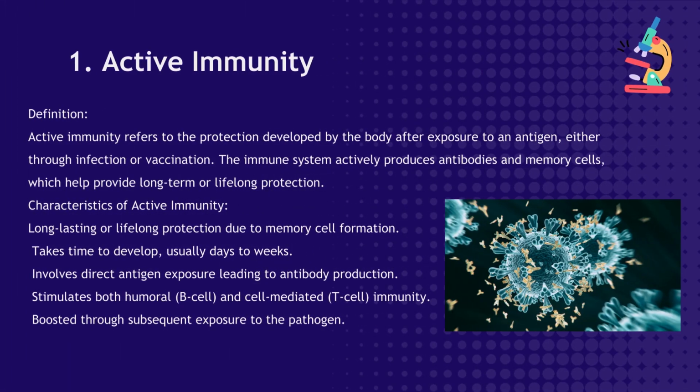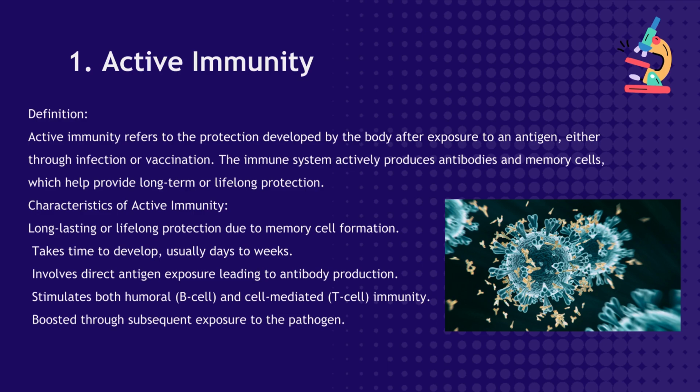Active immunity. Definition: active immunity refers to the protection developed by the body after exposure to an antigen, either through infection or vaccination. The immune system actively produces antibodies and memory cells, which help provide long-term or lifelong protection.